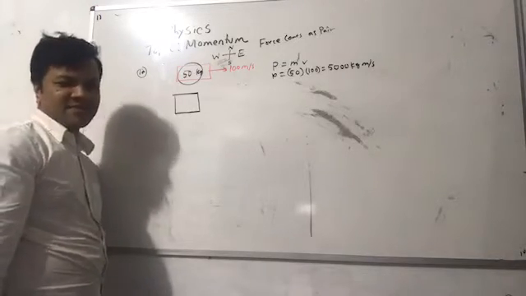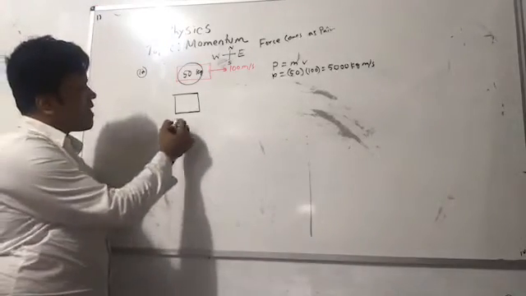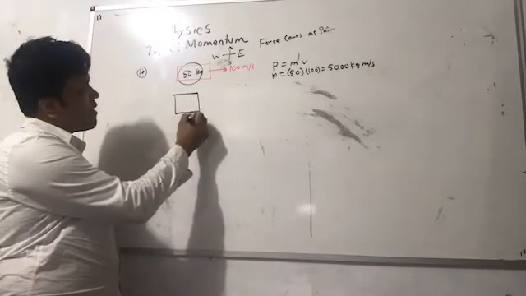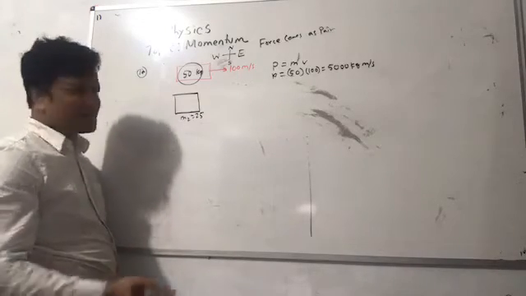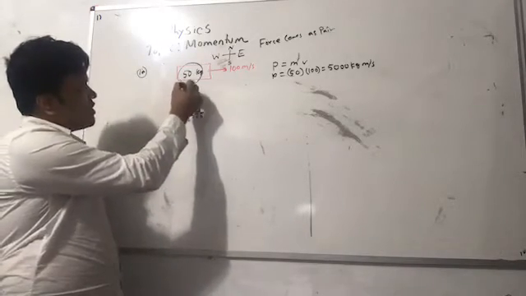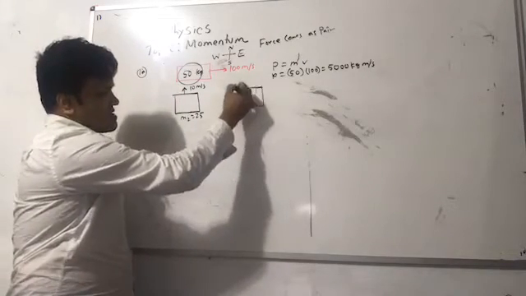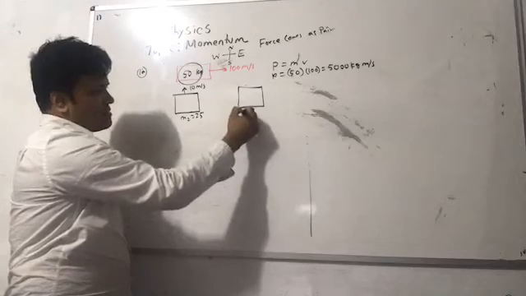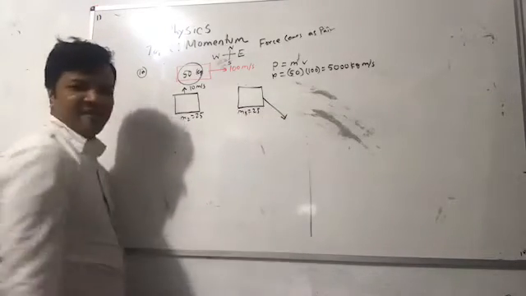And let's say the first piece is 25 kilogram. And it moves how fast? Let's say 10 meter per second to the north. And the another piece also 25 kilogram and it moves in this direction.